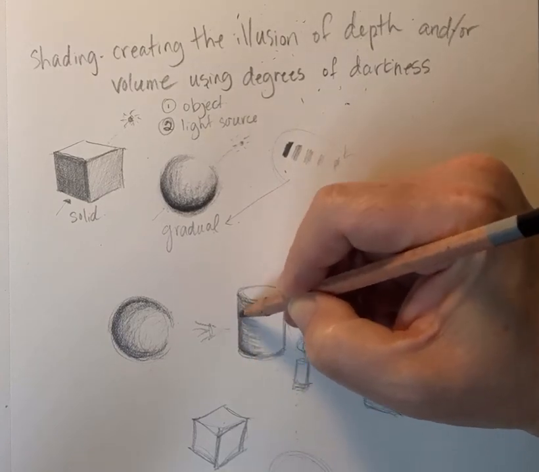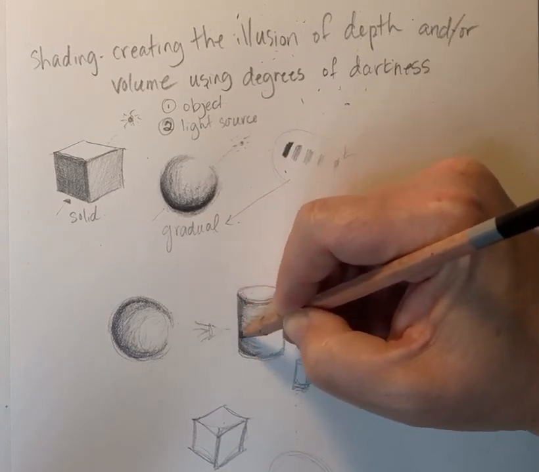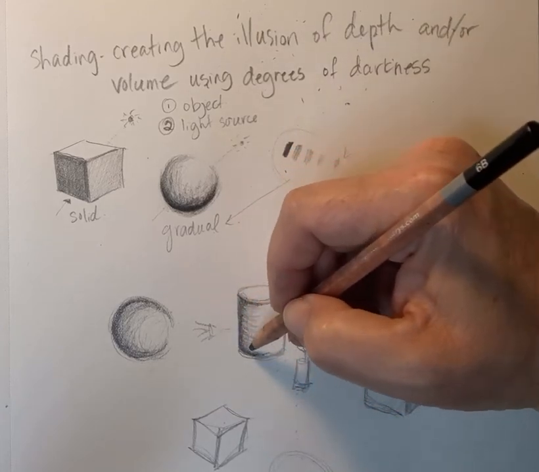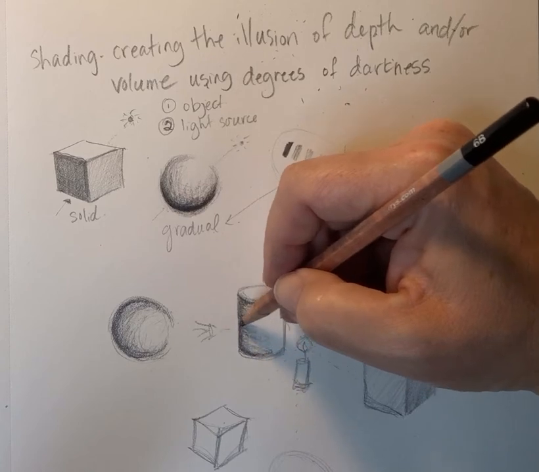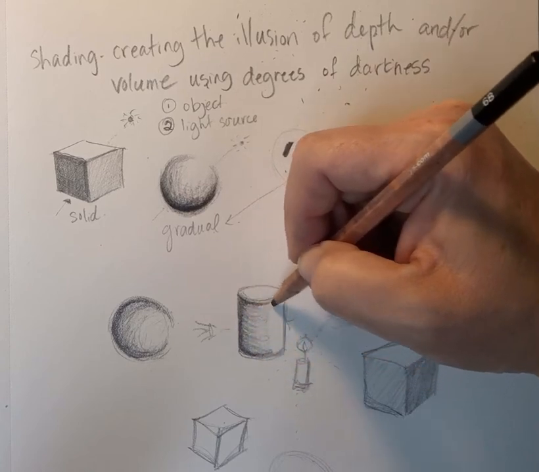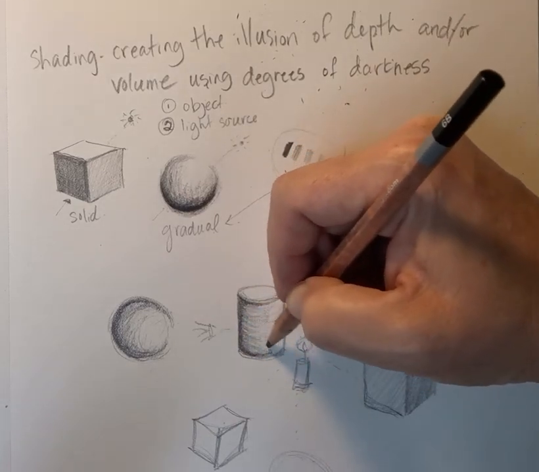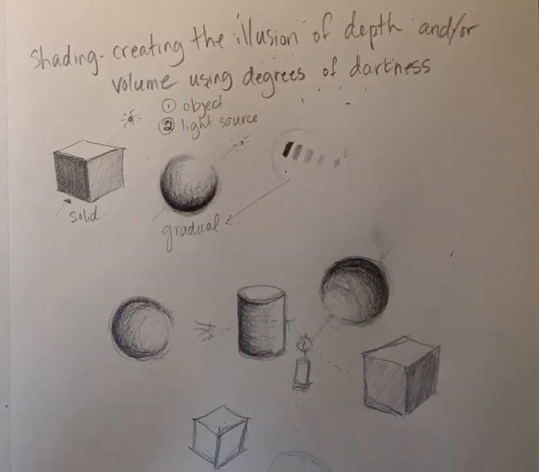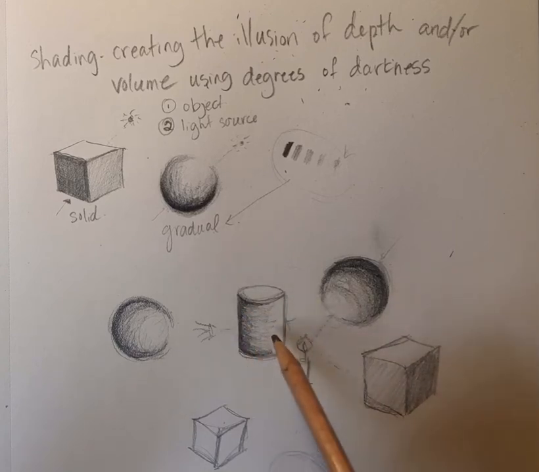I'm going to go in and make the edges even darker just to continue adding that illusion, and add to the shading. Very good. So now you can see we've got this part of the cylinder nice and rounded. It feels like it's got additional depth and additional volume.